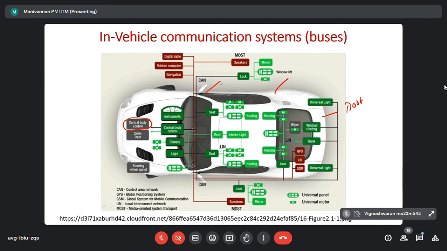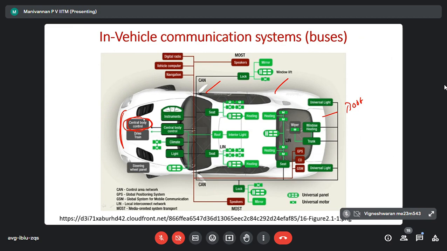The vehicle body has sensors, whether your boot is open, front door, back door, or the engine bonnet is open. All these things have sensors. If the door is open, this ECU, the body electronics unit, will give a command to the engine ECU: don't start. Even if the driver presses the start button, your ECU will show an error indicating it won't start.